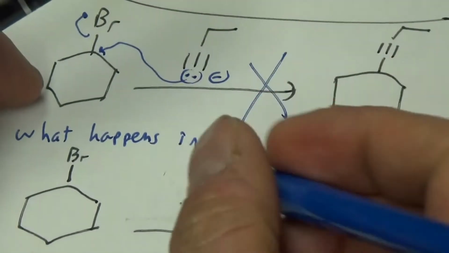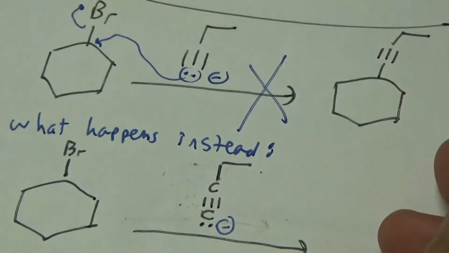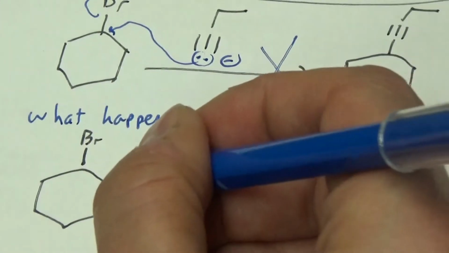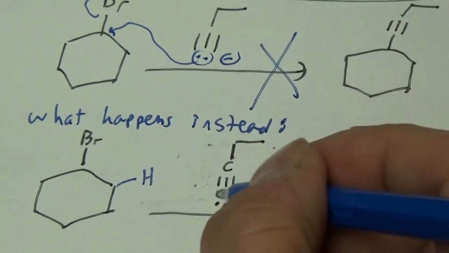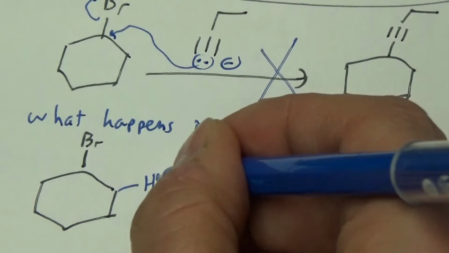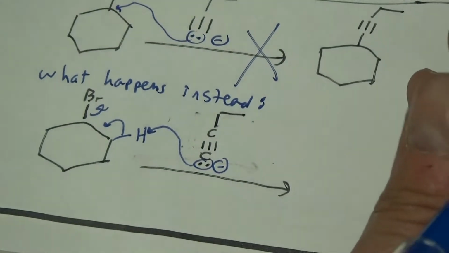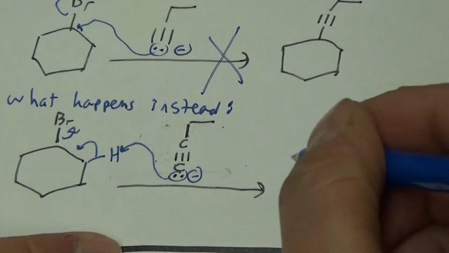All right. So now we have a dot. Now I'm just drawing the carbons more explicitly. So what actually happens is elimination. How do I do the elimination? Well, this grabs this proton, kicks this off, and you don't make what you want. We actually make an alkene.